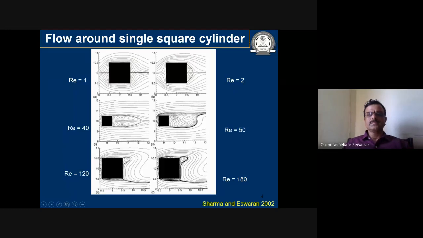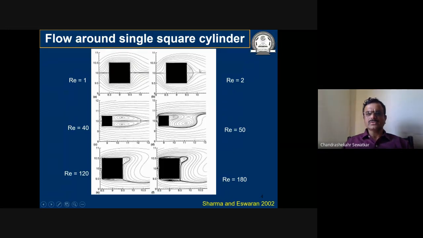However, if my Reynolds number is of the order of 2 or 3 or 4 or 5, you will find some kind of vortices developed behind the body. And when the flow comes around the body, it goes over the vortices.